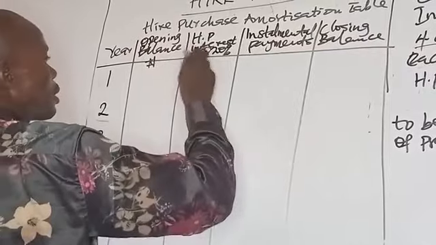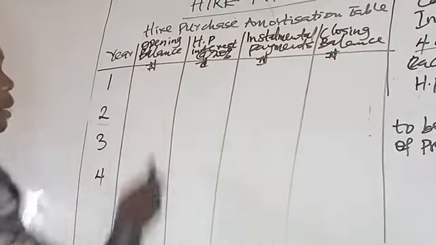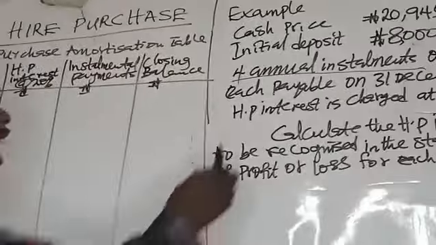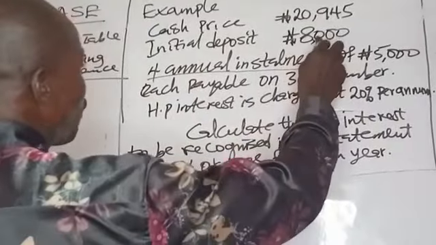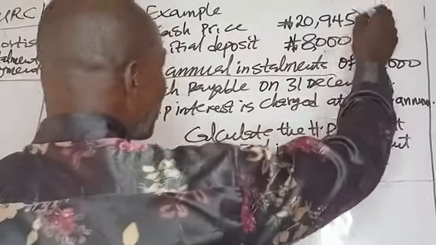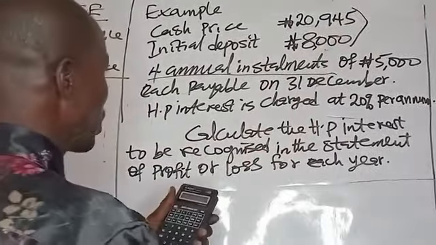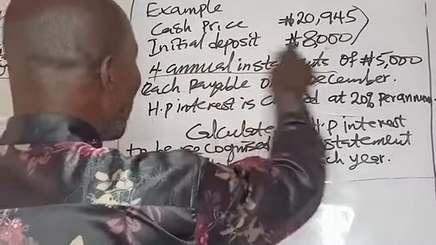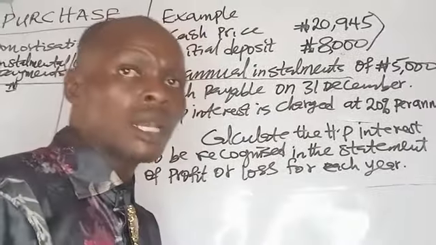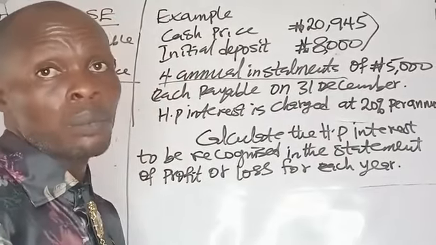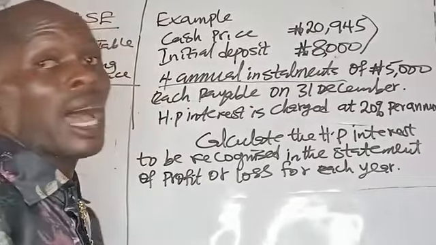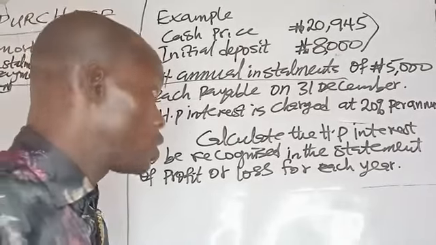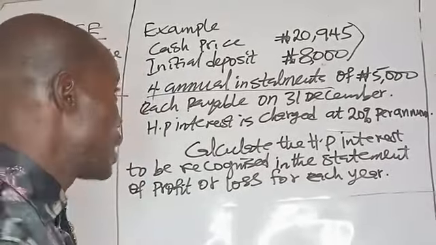So, year 1, the opening balance. We were given the cash price of 20,945 and an initial deposit of 8,000. So you have to net the two balances to get the opening balance, because the deposit that was made outrightly will not attract interest, since the deposit was made at the inception of the hire purchase transaction.